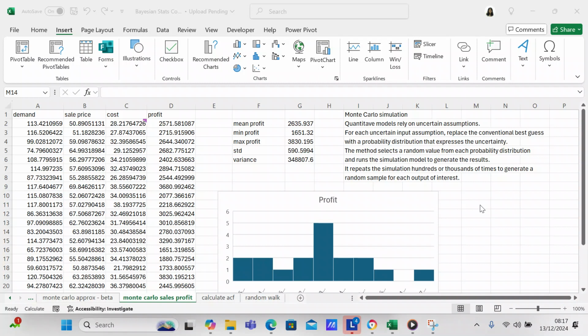And so basically, we've got the demand, and with the demand, you're going to use the inverse of the normal distribution. So NORM.INV, RAND as the probability, your mean is 100, and your standard deviation is 20.